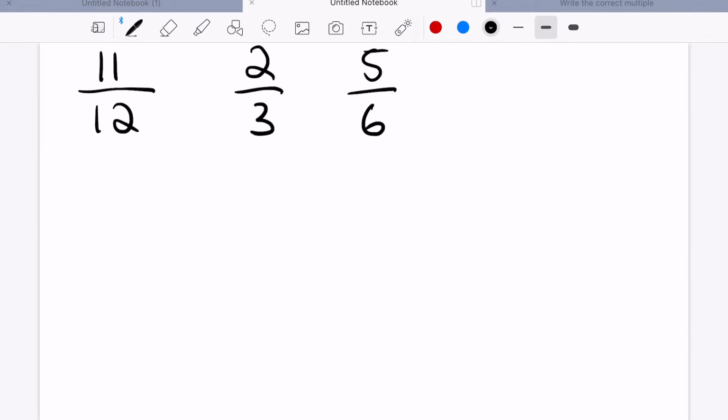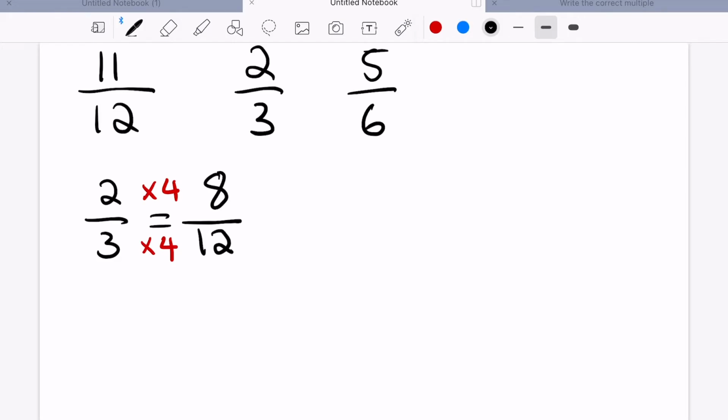So we're going to turn everything to 12s. So 2/3 is equal to something over 12. What do we have to do? Times 4, times 4. So 2 times 4 is 8. 8/12.